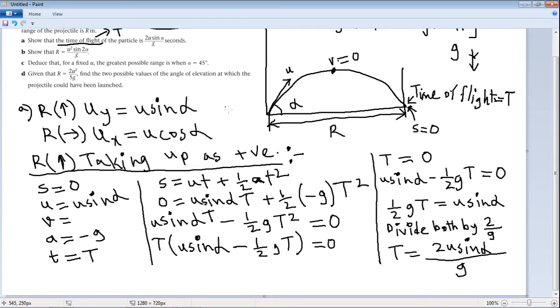So this matches, and this is the time of flight. Therefore the time of flight is 2u sin alpha divided by g seconds.